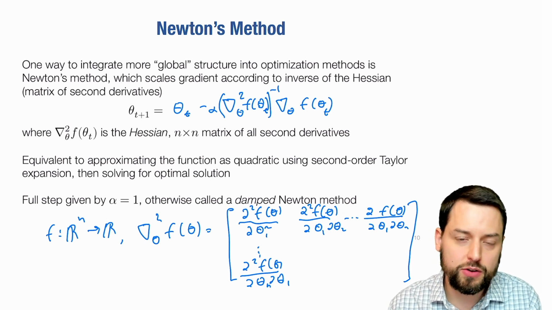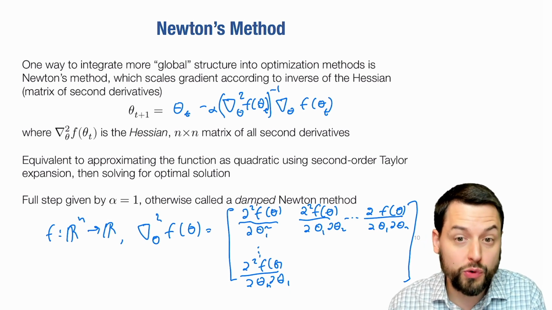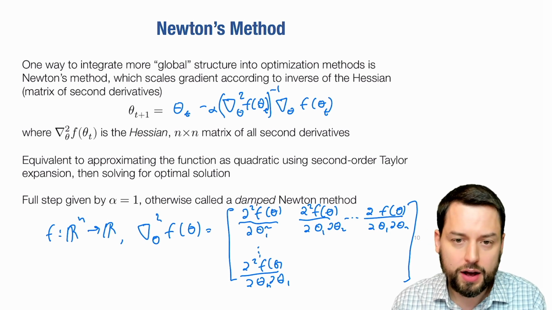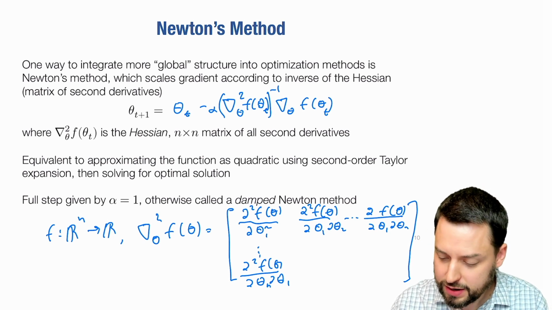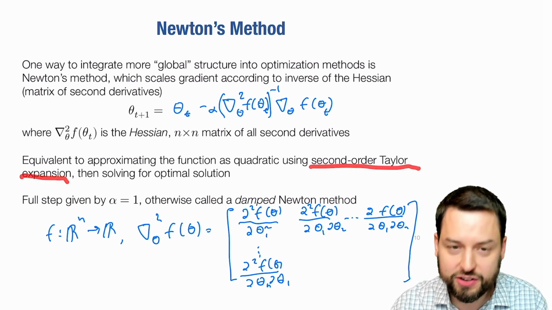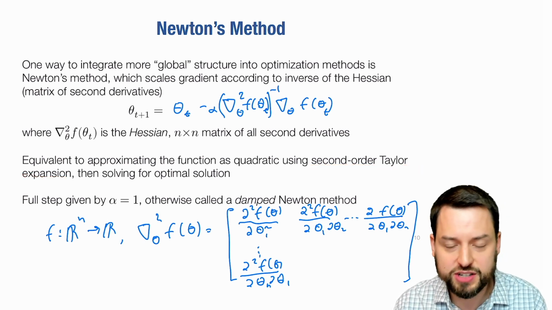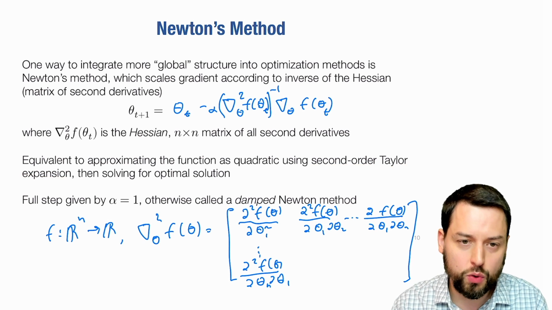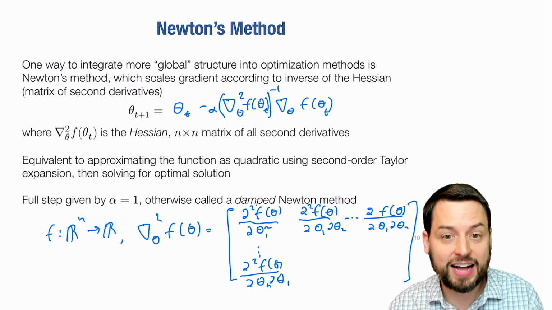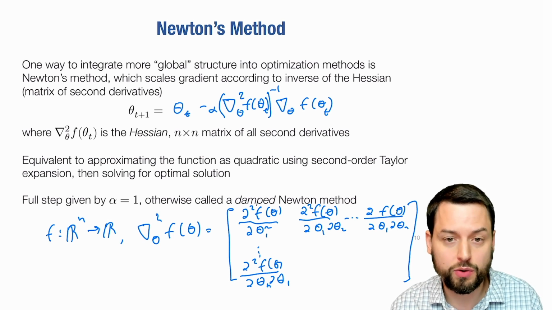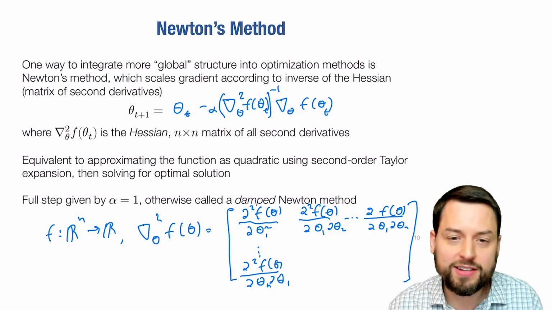So this approximates it essentially as a quadratic function that involves the Hessian and the gradient of that function. And then for this second order approximation, it solves exactly the quadratic form. All right, and that's the basic idea of Newton's method.